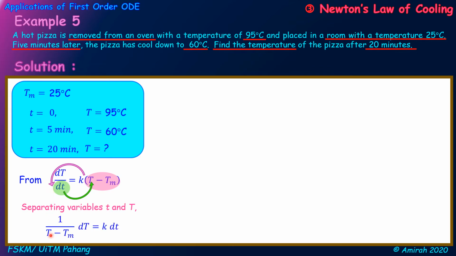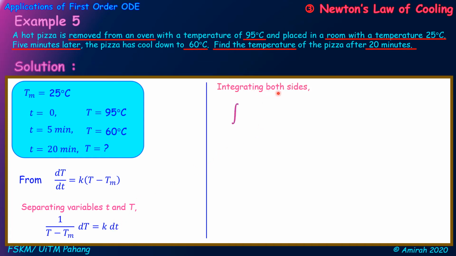So we get 1 over T minus Tm dT equals to K dt. And from here, integrating both sides. We just put the integration sign for both sides. Then we integrate left hand side and right hand side.